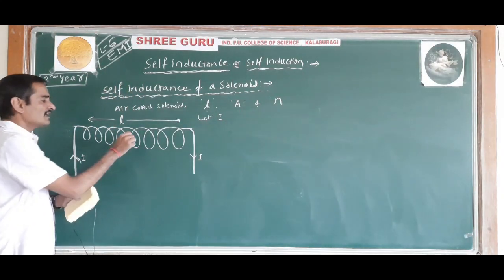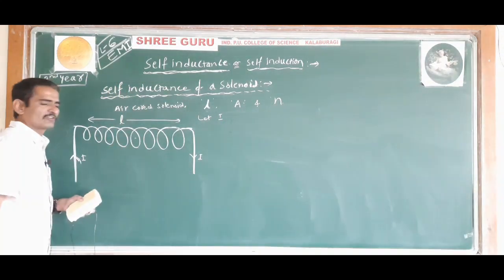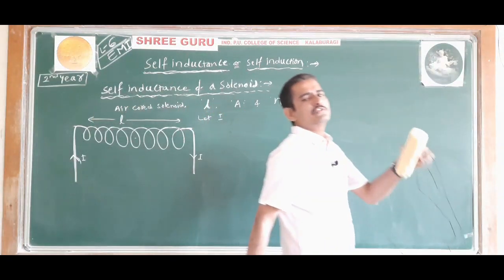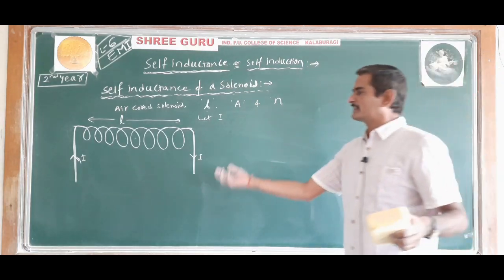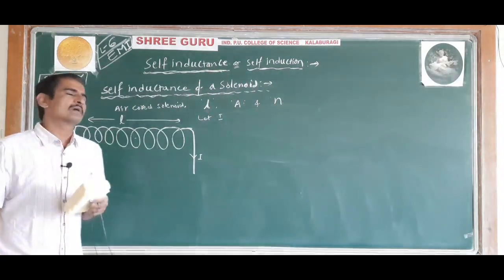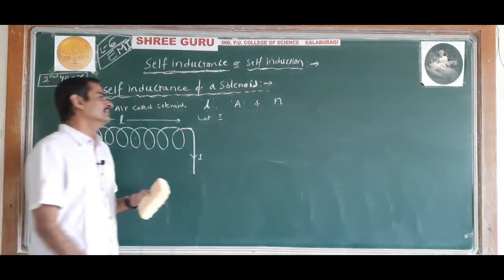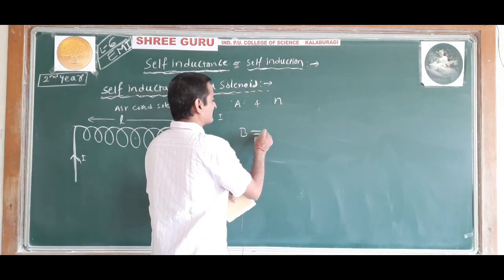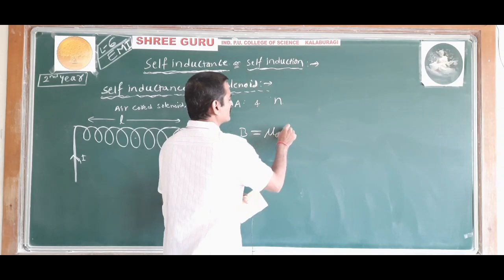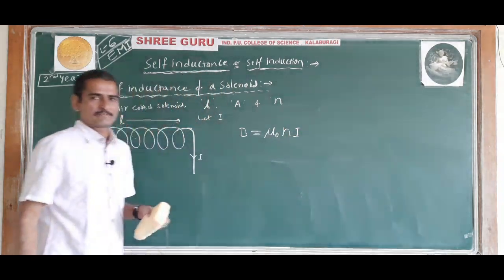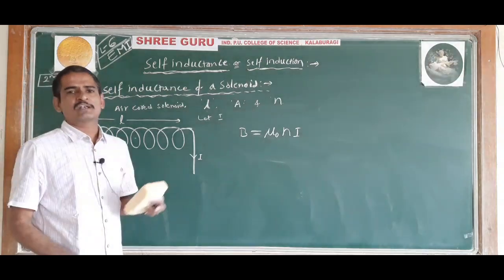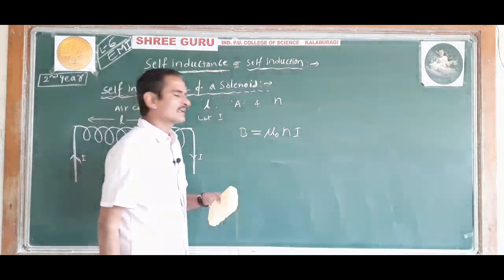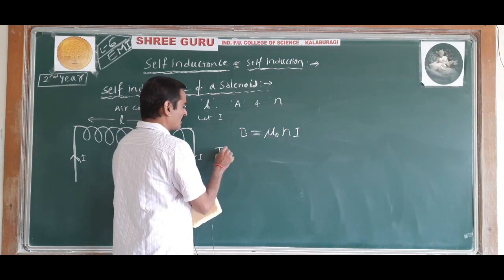Then the magnetic field inside the solenoid will remain uniform, and it is given by B is equal to mu naught n I. Do you know this formula? The magnetic field inside the solenoid will remain constant, and it is given by B equals mu naught n I.